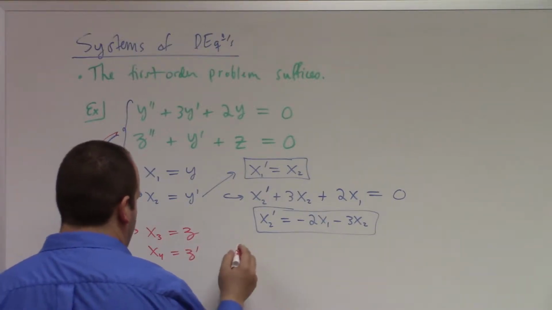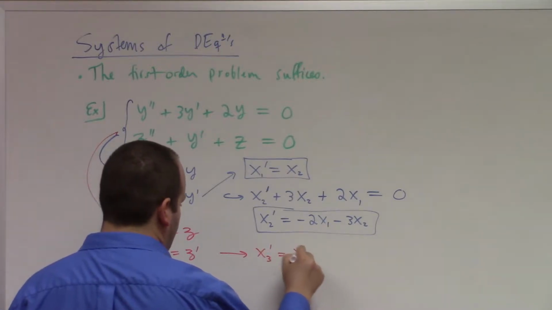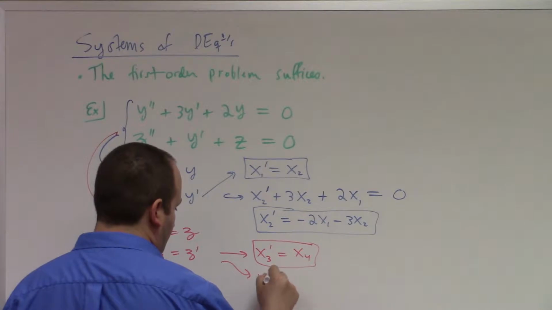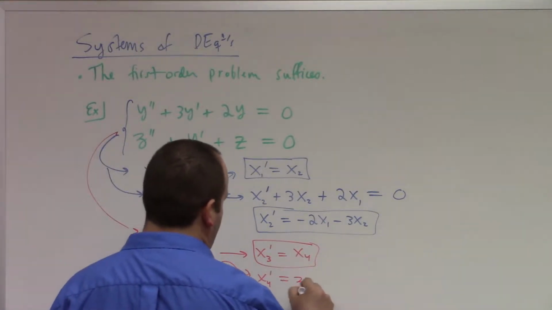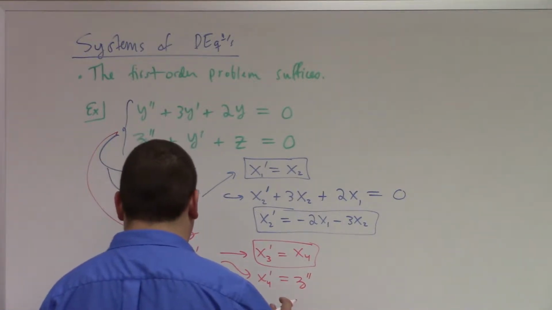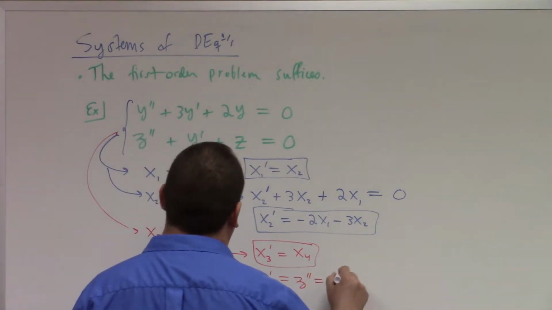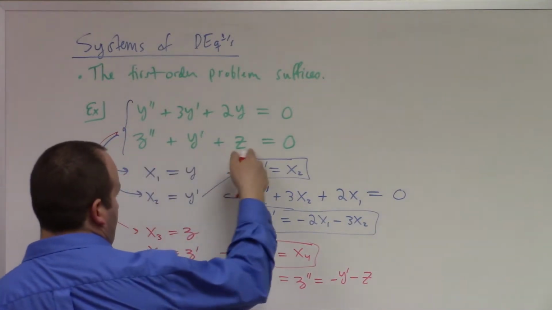So from the definition of x4, we get that x3 prime is equal to x4. And finally, x4 prime is z prime prime, but that's equal to minus y prime minus z because of that equation up here.